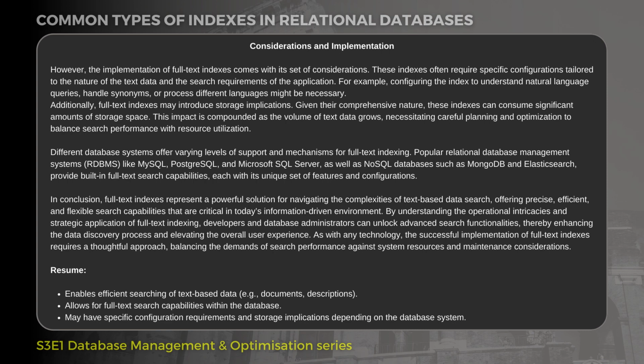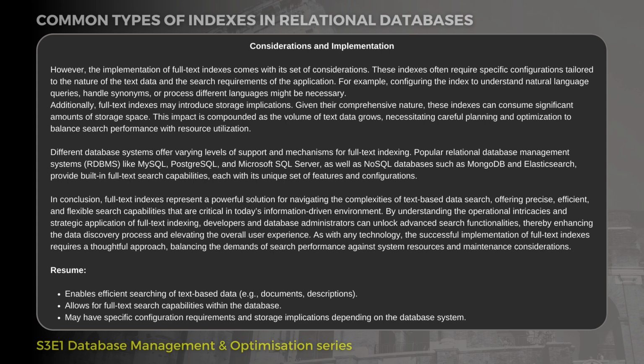Additionally, full-text indexes may introduce storage implications. Given their comprehensive nature, these indexes can consume significant amounts of storage space. This impact is compounded as the volume of text data grows, necessitating careful planning and optimization to balance search performance with resource utilization.